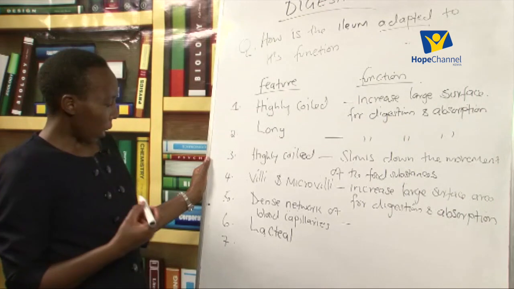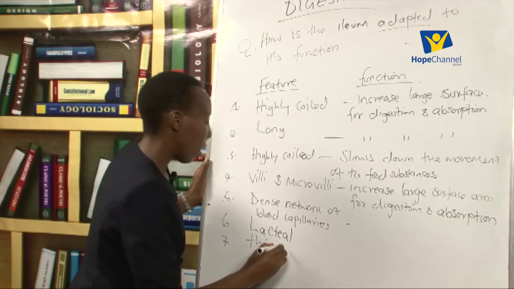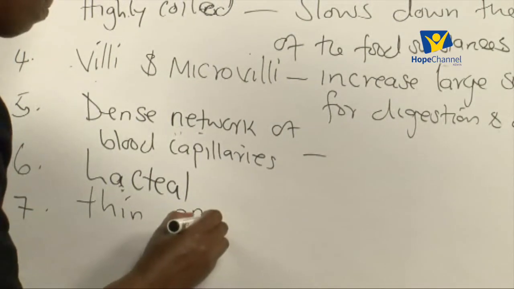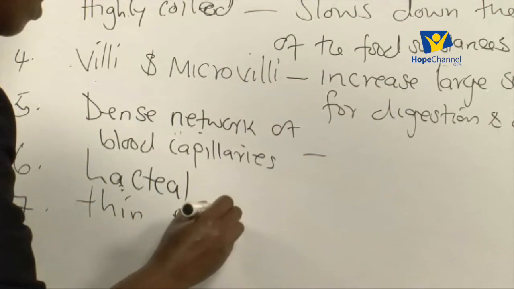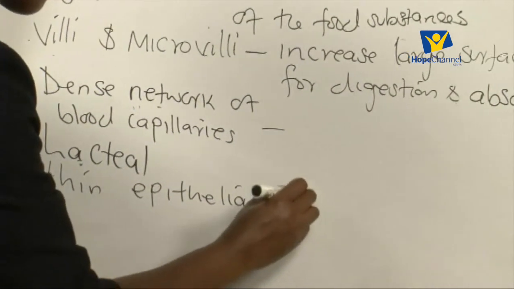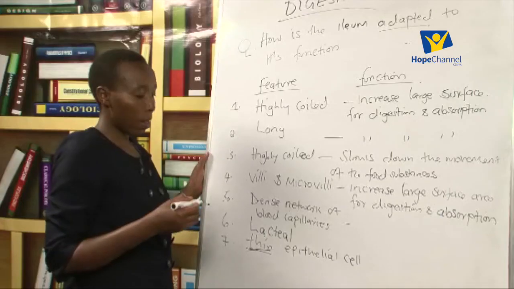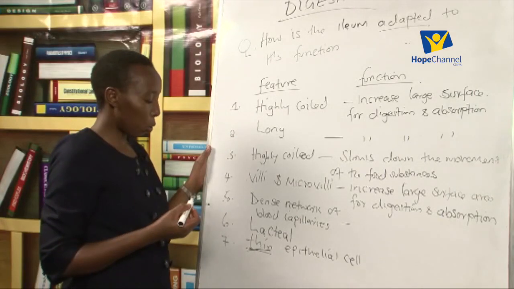Now, you realize also that we have a thin epithelium, thin epithelial cells. Thin means that they reduce the distance of diffusion.